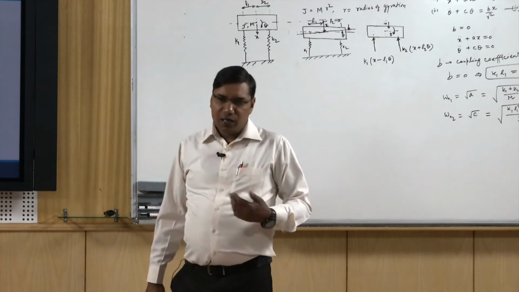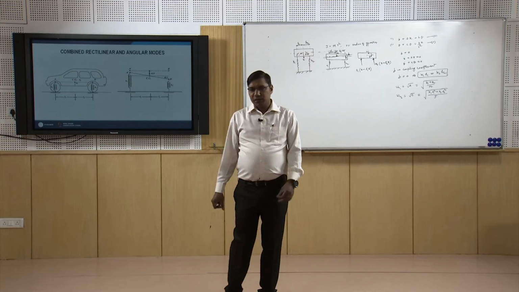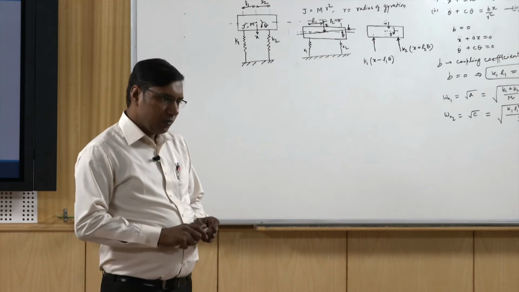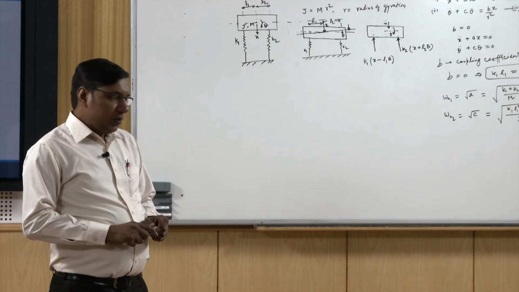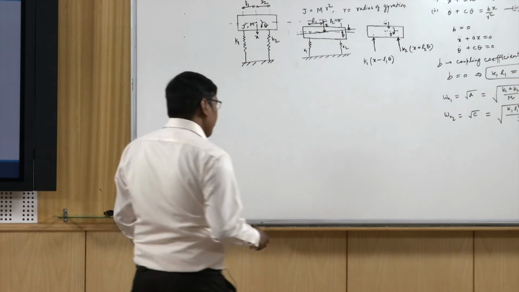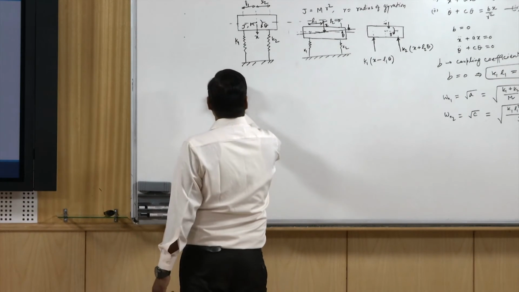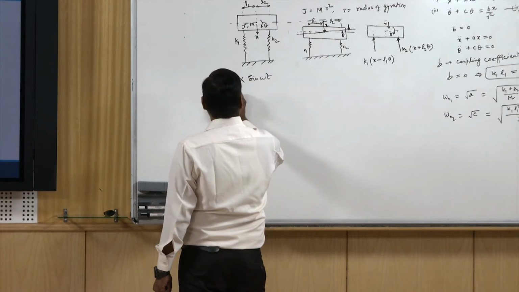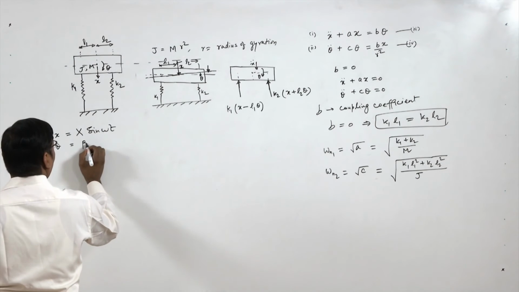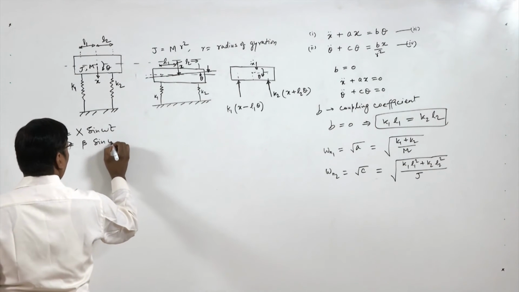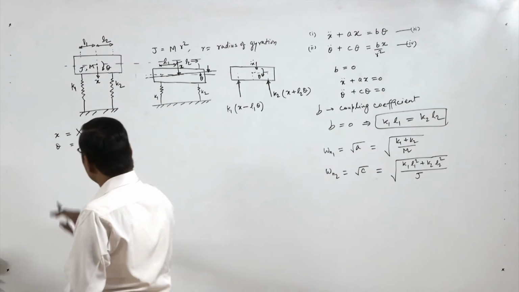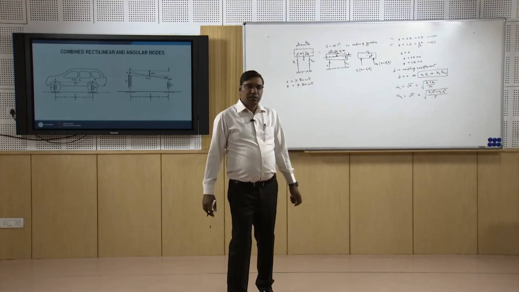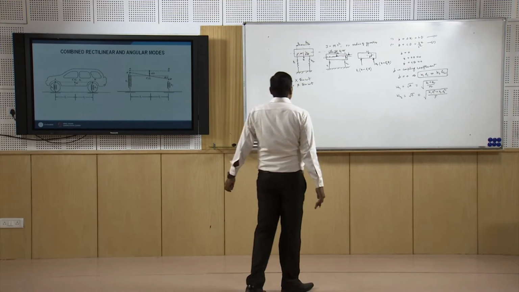Again we will assume that the system is vibrating with the same frequency omega in free vibration, so we assume x equal to X sin omega t and theta equal to beta sin omega t, where X is the amplitude of the linear oscillation and beta is the amplitude of the angular oscillations.